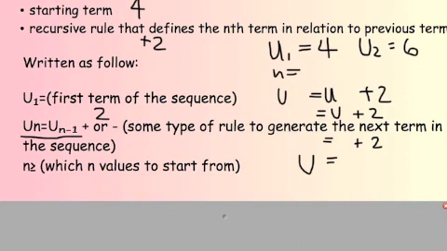So now suppose we're looking for the third term. So now n is going to equal 3. Well, U sub 3, okay, again, looking for the third term, will be the same thing as taking U sub 3 minus 1, and 3 minus 1 would be U sub 2. And U sub 2 is equal to 6. So now we're going to take the previous term, which is U sub 2, which equals 6, and we're going to add 2. So U sub 3 will now equal 8.